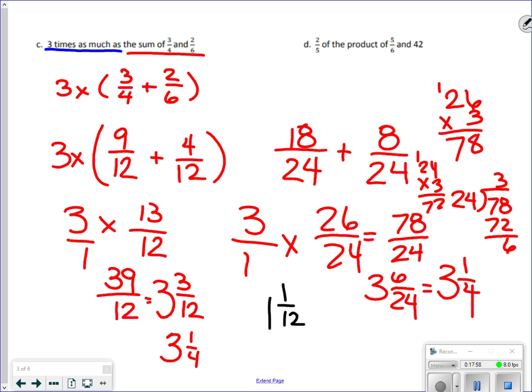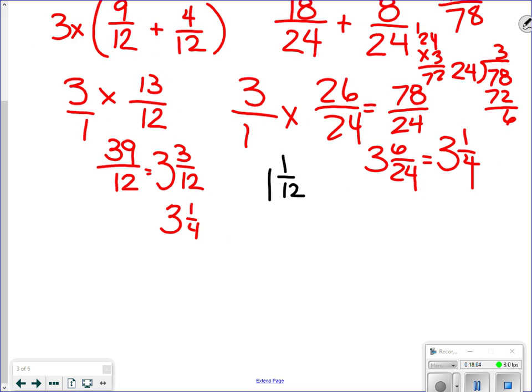There's this one, or this one that I'm writing right now. So there's 3 times 1 and 1/12. You can multiply a whole number times a mixed fraction. What you can't do is multiply a fraction times a mixed fraction.